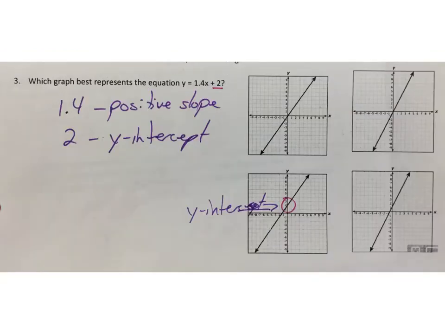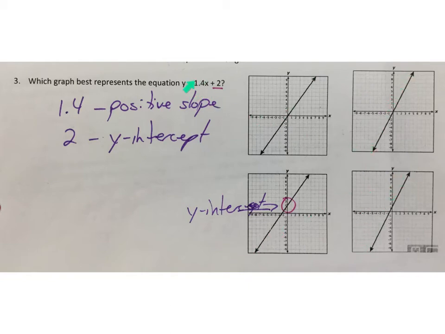All right, so a lot of y'all, I had to explain this to you, and y'all picked it up quick because it's that easy. The problem is you're saying, how do I show my work? Well, you show your work by writing it all out. This attached to my x means that is positive, meaning that's a positive slope. If it was a negative 1.4, it would be going down like this. So if you notice, all of these are positive slopes and about the same angle.